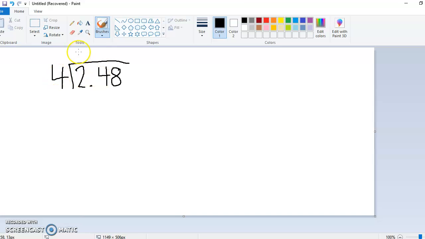Okay, so we know 4 cannot go into 2. I'll go ahead and put our 0 there just to keep everything nice and lined up and non-confusing. Okay. Then we'll pretend that we're just dividing 4 into 24, and that we know is 6.